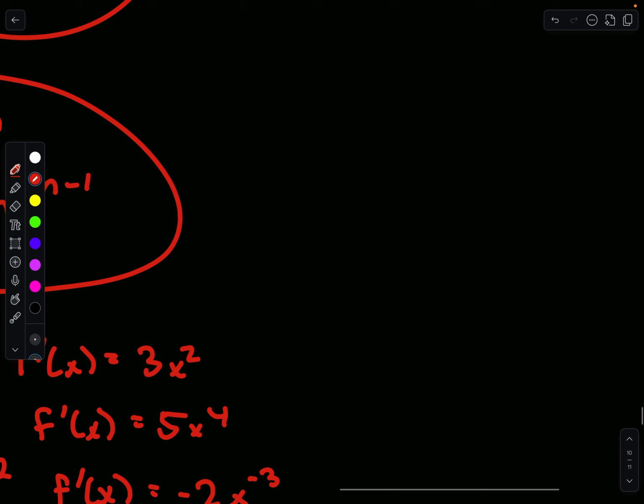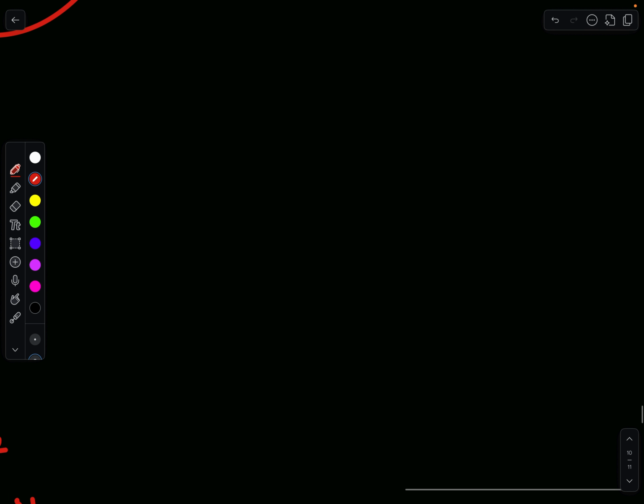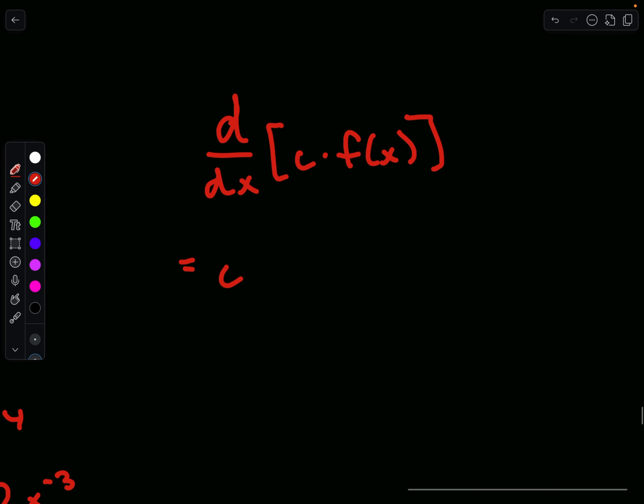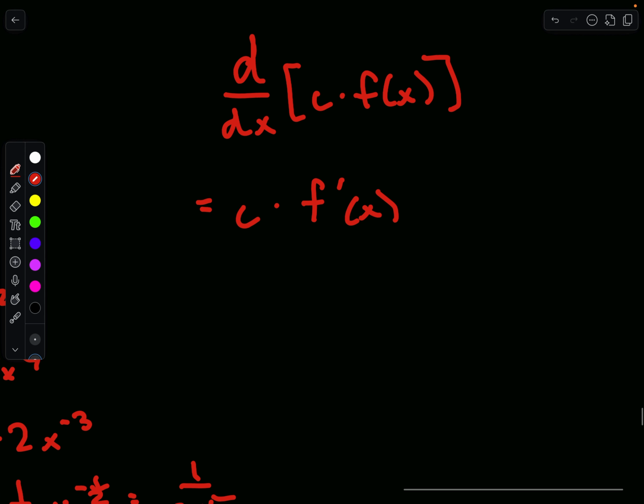Now let's look at another rule, the constant multiple rule. This is very useful for simpler computations. So let's say we have c times f of x. Now the derivative is just going to be c times f prime of x. Really, you can just pull out the constant, and then you can compute the derivative from there.